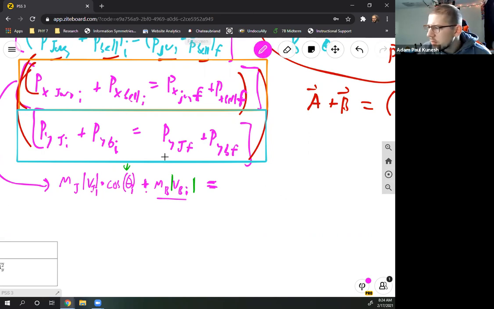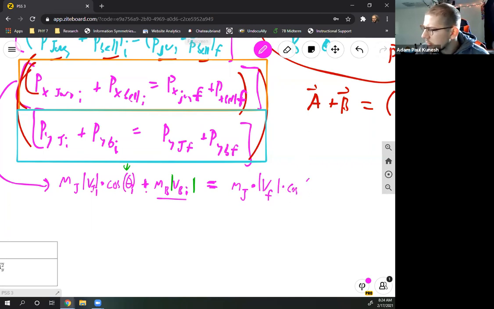Okay, let's do the right-hand side. Jersey is now, we're after the collision here, so the ball and Jersey are stuck together. They're going to be traveling with the same speed and same angle of velocity. Their masses are still different. So I can write the right side as the mass of Jersey times the velocity final. I'm not going to subscript it with Jersey or ball because they're traveling at the same speed now.